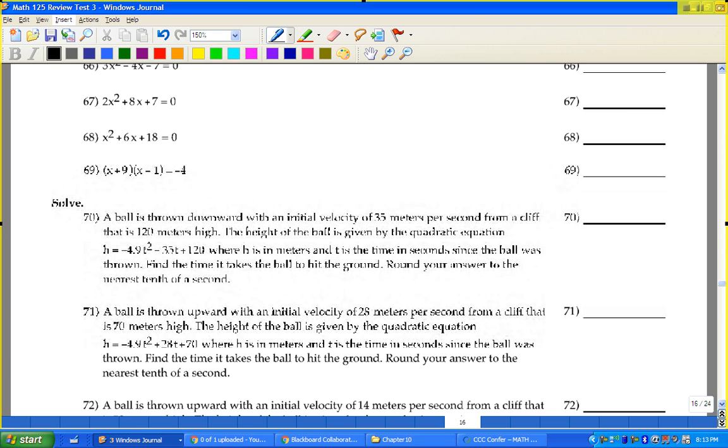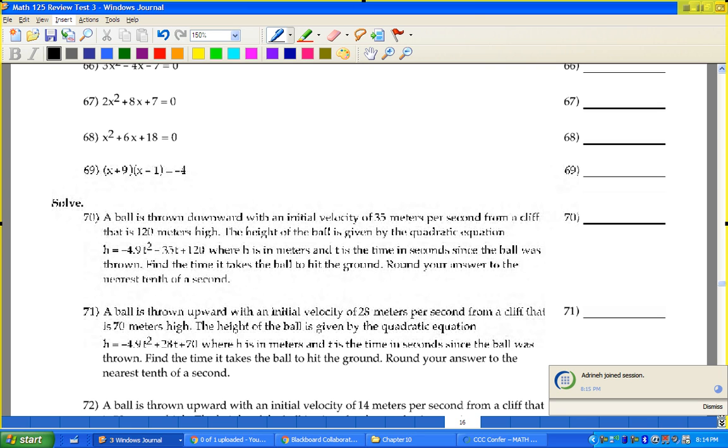The height of the ball is given by the quadratic equation h is equal to negative 4.9 t squared minus 35t plus 120, where h is in meters and t is in seconds since the ball was thrown.